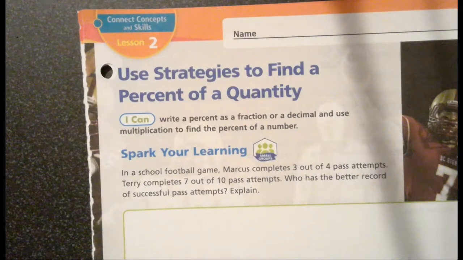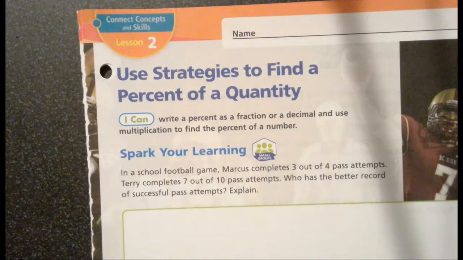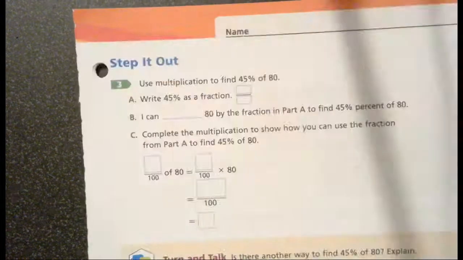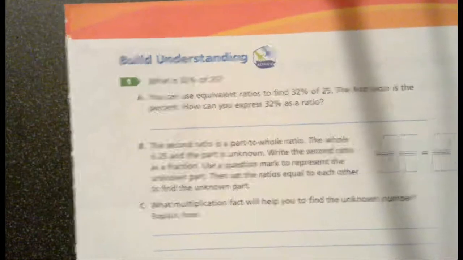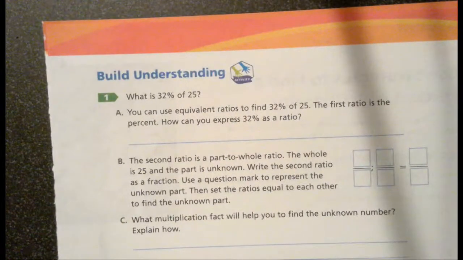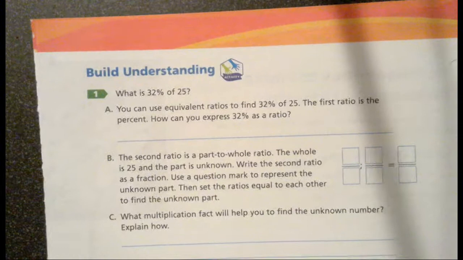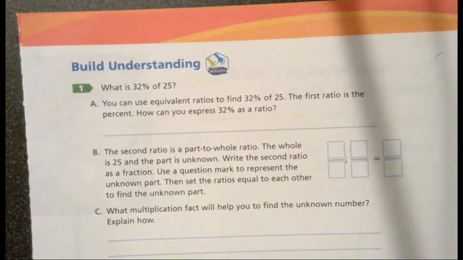Now, we're going to flip over to page 214 because we have already done Spark Your Learning in class. So, question number 1 is asking us on page 214, what is 32% of 25? You can use equivalent ratios to find 32% of 25.